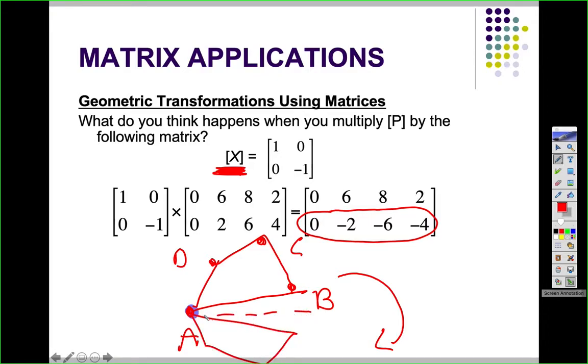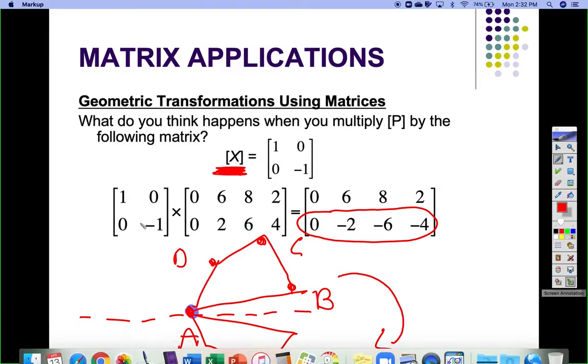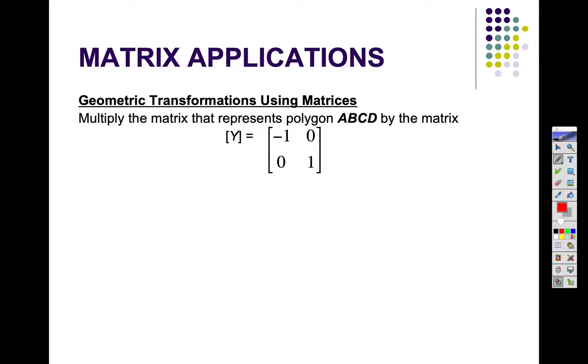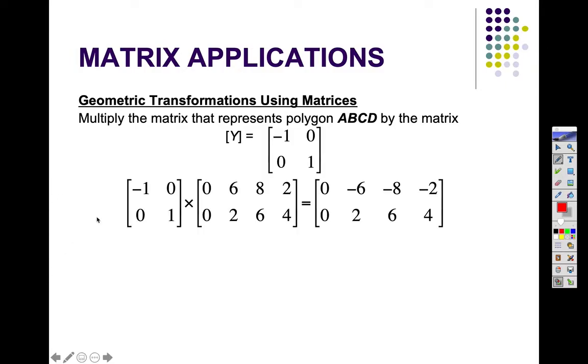It flipped it over the x-axis. That's what we're doing today. We're flipping over the x-axis by multiplying by [1, 0; 0, -1] on the left side of the points, or we are multiplying by [-1, 0; 0, 1] to reflect over the y-axis.